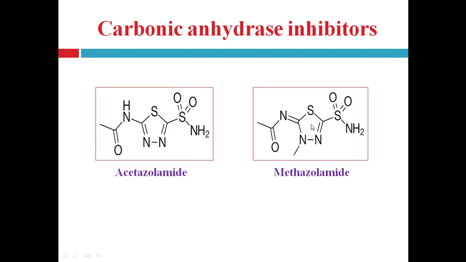Here ketoenol tautomerism occurs because on the nitrogen a methyl group is present, that is methazolamide. In acetazolamide there is only a double bonded nitrogen in the thiadiazole ring, and in methazolamide this double bond is broken down, right? And here the methyl group is substituted, right? So these are the carbonic anhydrase inhibitors.